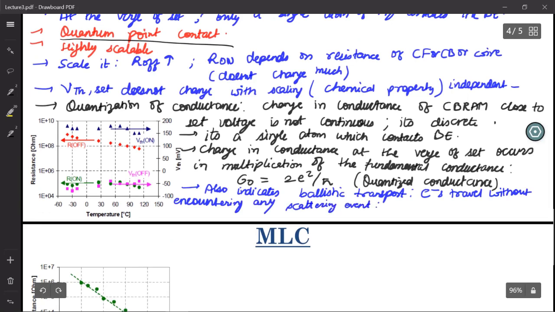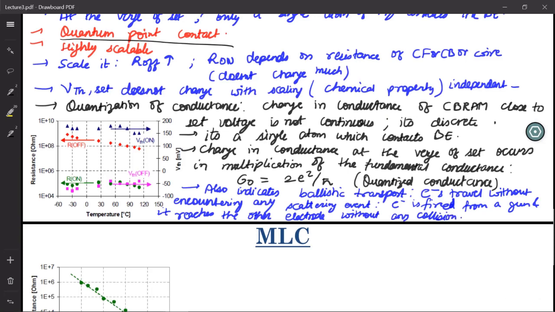It appears as if the electron is fired from a gun and it reaches the other electrode without any collisions. So there is rich physics behind quantum point contact, quantized conductance, and ballistic transport, and I would not go into it because there is not really a platform or a course where I can discuss it in detail.